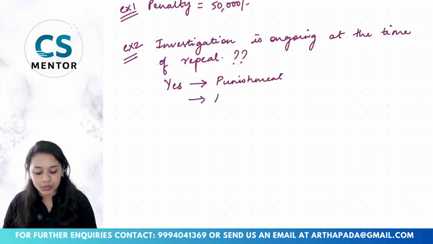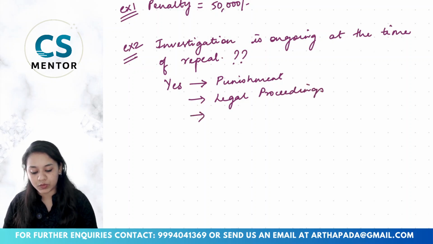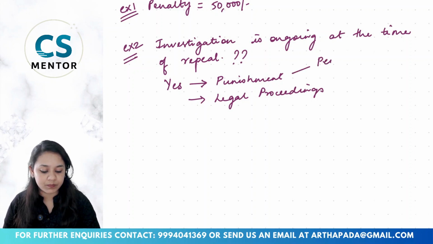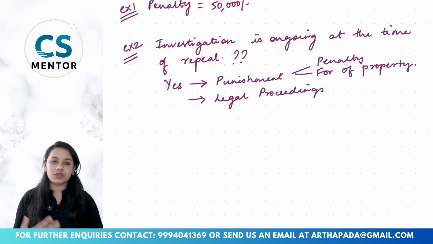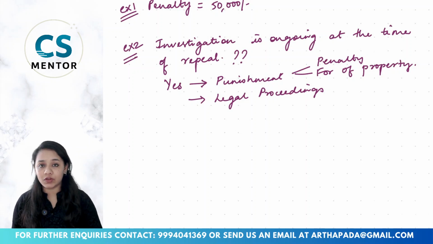Legal proceedings will continue. And when we say punishment, it can be a penalty, or it can even be a forfeiture of property. Basically, the proceedings will continue as if the repeal never took place.